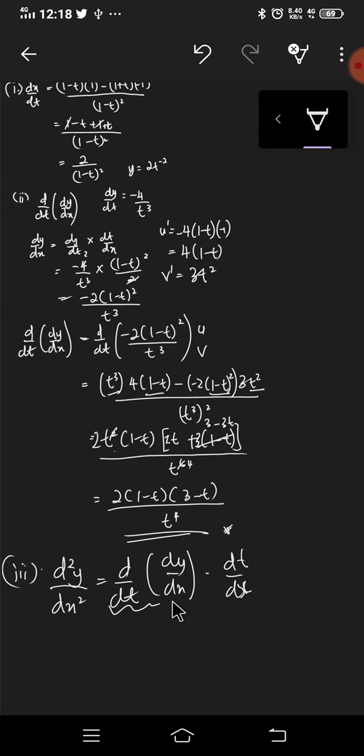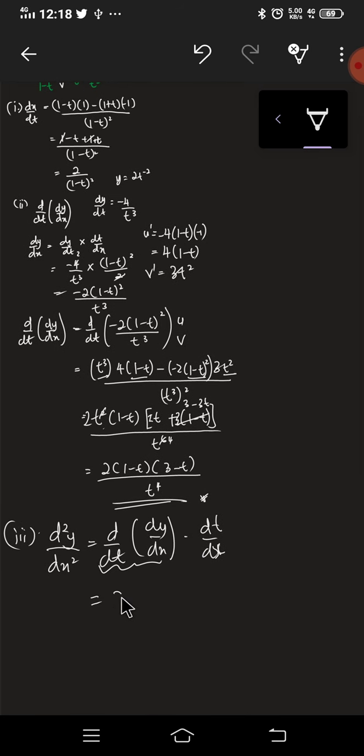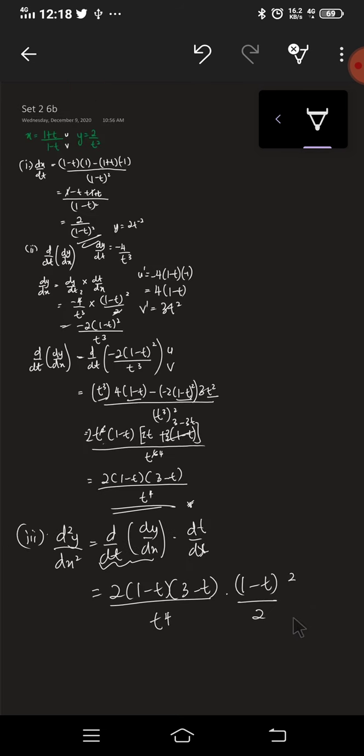So we have d/dt of dy/dx from question number 2, which is equal to 2 of (1 minus t) multiplied by (3 minus t) divided by t to the power of 4, and multiply with dt/dx. What is dt/dx? We have dx/dt, so just the reciprocal of it. So (1 minus t) all squared divided by 2.